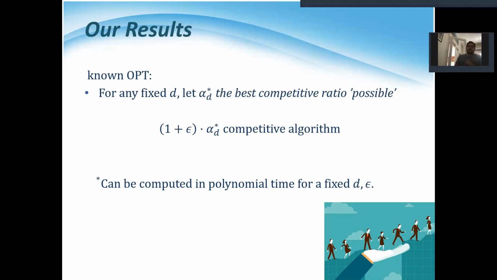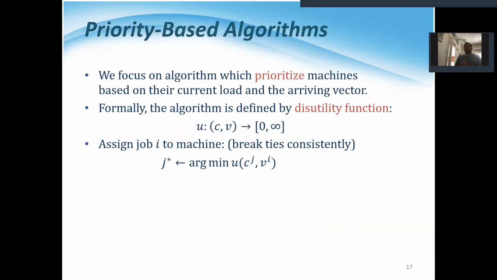Okay, but let's start explaining the first part of the result. The first part of the result works on all priority-based algorithms. A priority-based algorithm is simply a family of algorithms which assign according to some priority on the machines. So the priority is set according to the current load vector of the machine and the arriving vector.